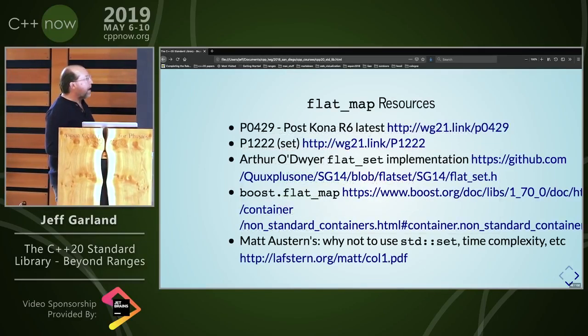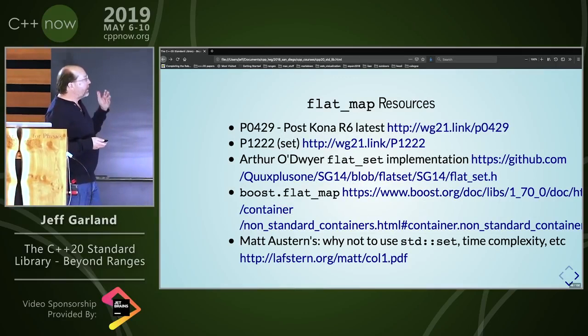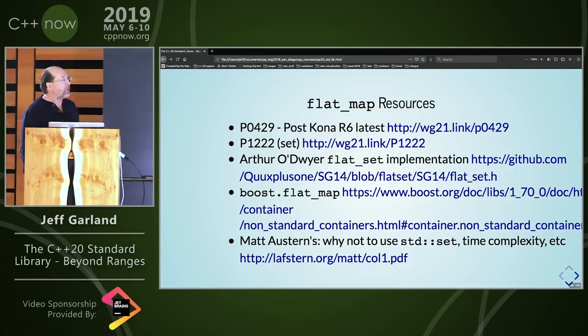Okay, so where are we at with this? There's actually two different papers. R6 is the latest one, and it's in the post-Kona release, that's 0429. That one has been reviewed by LWG. 122 actually has the set pieces of it. That was done by LEWG at the last meeting.